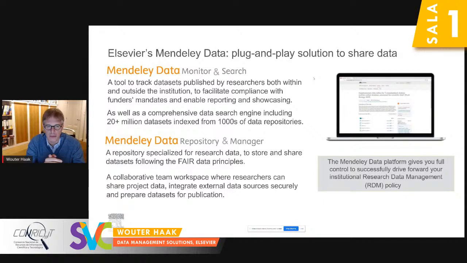And that's where we can help. Secondly, we provide a basic free Mendeley Data repository, but we also provide a more enhanced, enriched repository and manager function, where we help you manage your private data so that when researchers leave, the data can still be reused.